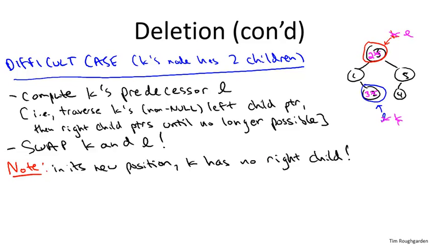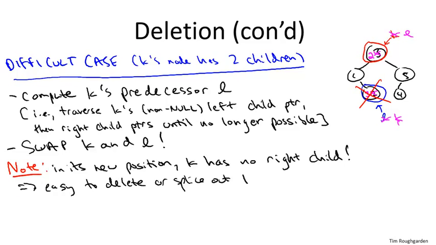And if we want to delete a node that has only zero or one child, well, that we know how to do. That we covered on the last slide. Either you just delete it, that's what we do in the running example here, or in the case where k's new node does have a left child, you would do the splice out operation. So you would rip out the node that contains k, and the unique child of that node would assume the previous position of that node.